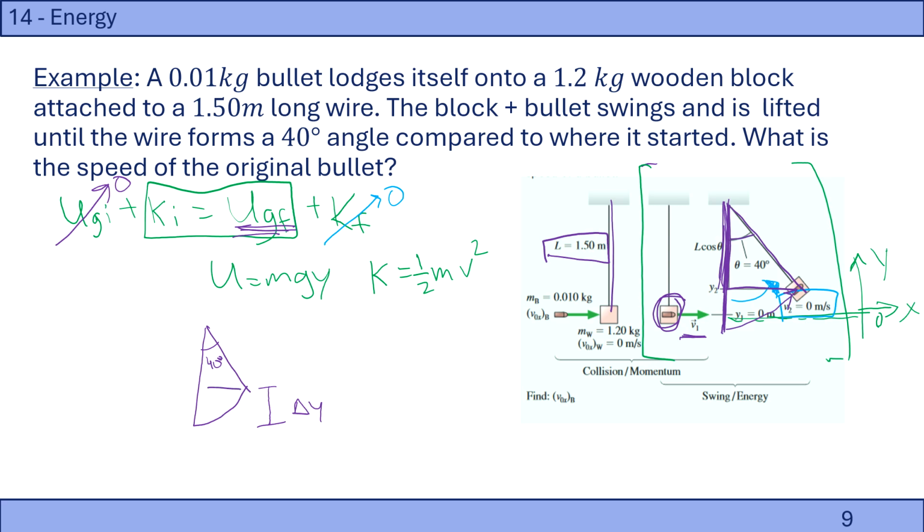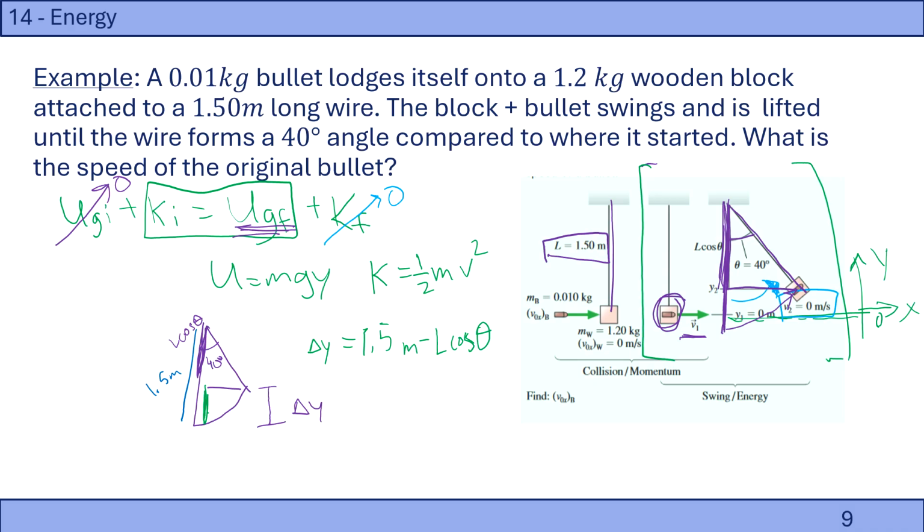So if this is L cos theta, and the whole thing is 1.5 meters, then the delta y that we're interested in is 1.5 meters minus L cos theta, or L minus L cos theta, is going to be our delta y value.